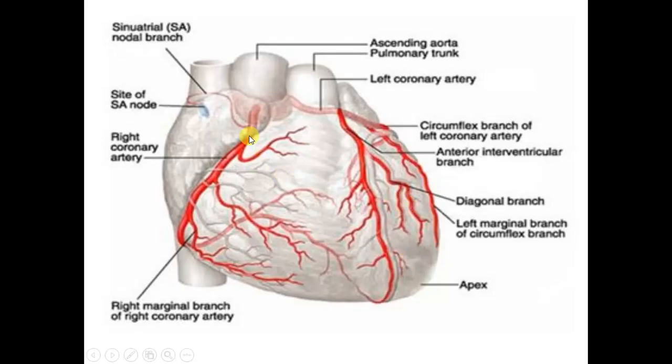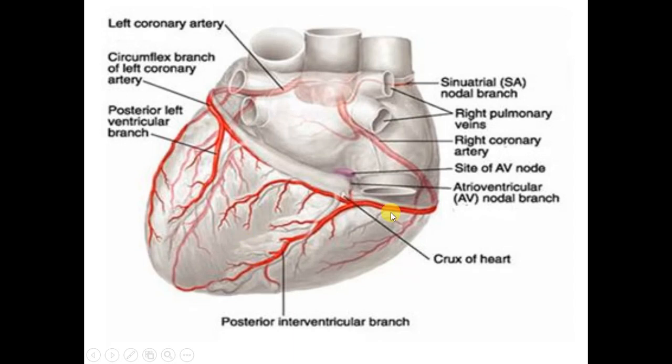So here we see the right coronary artery arising, coming to the right between the infundibulum and the right auricle, running down in the right atrioventricular groove, reaching up to the margin, and then turning onto the inferior surface of the heart between the right atrium and right ventricle, reaching the posterior interventricular groove, where it gives the posterior interventricular branch, and then has an anastomosis with the left circumflex artery.